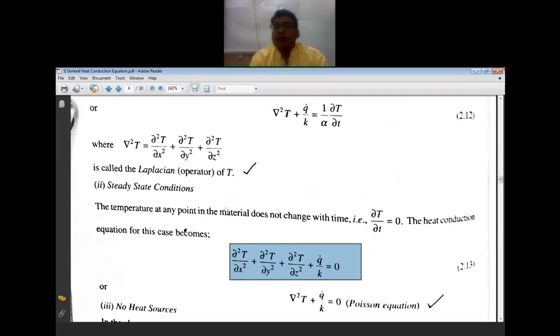When it's a steady state condition, the delta T upon delta t term becomes 0, and the remaining two terms, the diffusion term and the generation term, exist. This is called Poisson's equation.